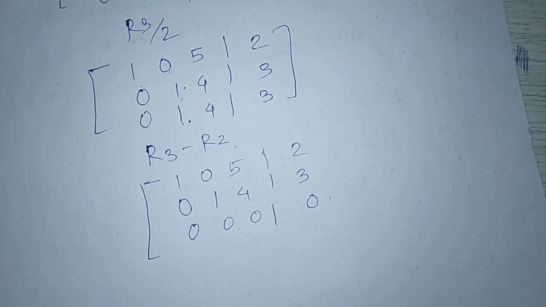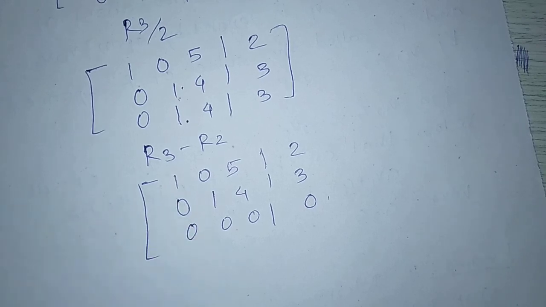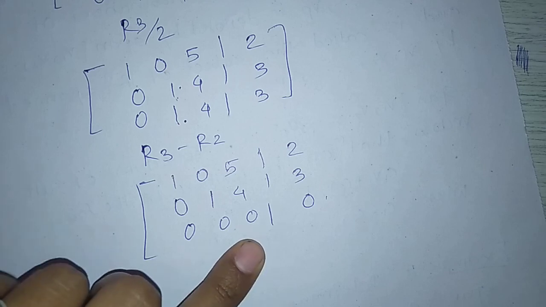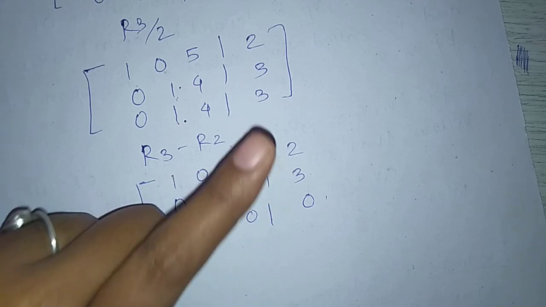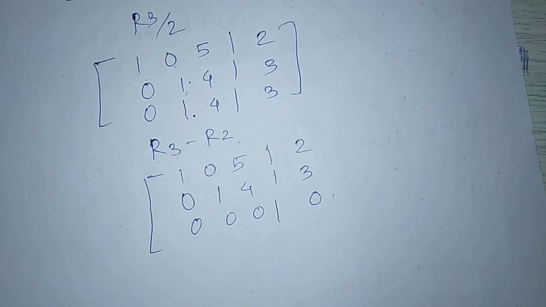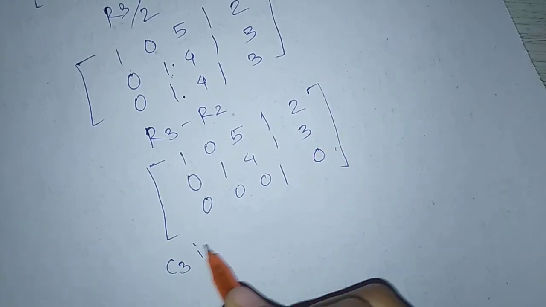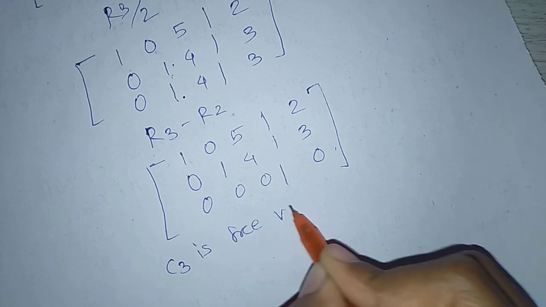Here pivot elements occur in the first and second columns. In the third column there is no pivot element, so the third column is the coefficient of C3, meaning C3 is the free variable.